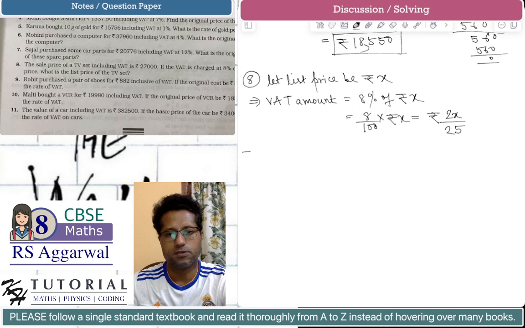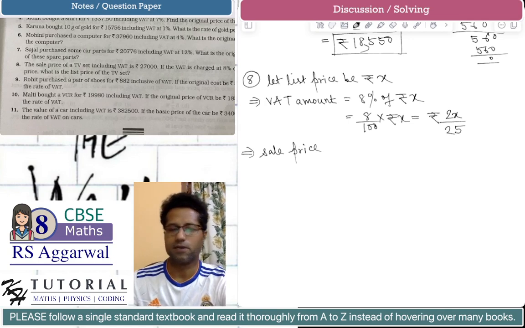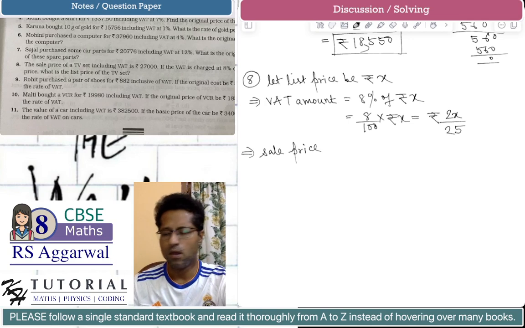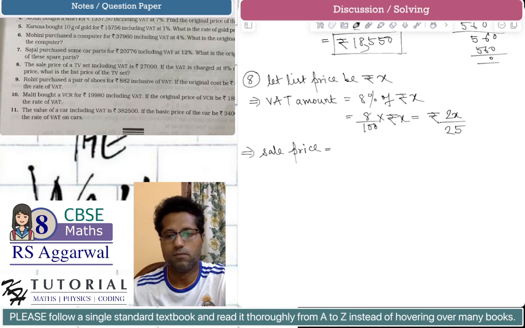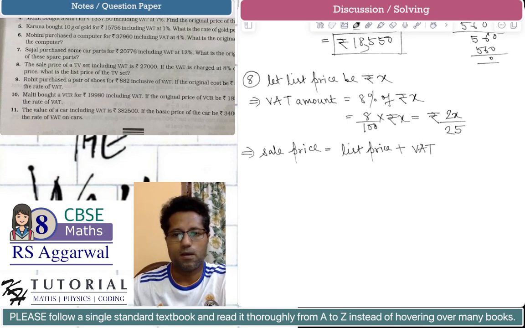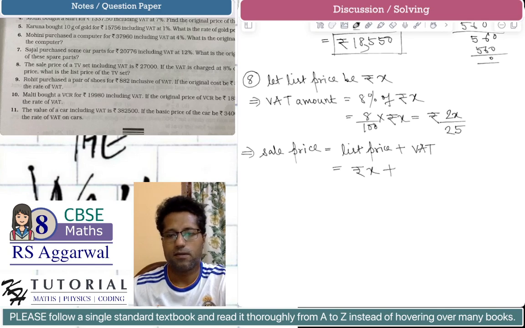This implies sale price. If the VAT is applied on the list price, then definitely the sale price has to be equal to the list price plus VAT, and the list price we have assumed to be rupees X, and VAT based on the list price of rupees X is equal to rupees 2x by 25.